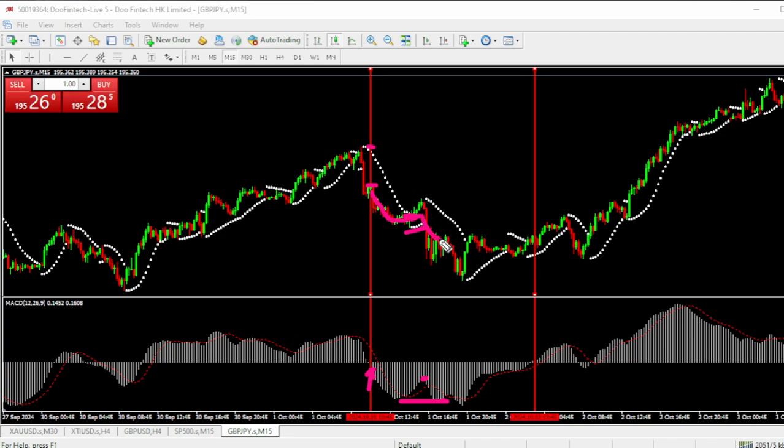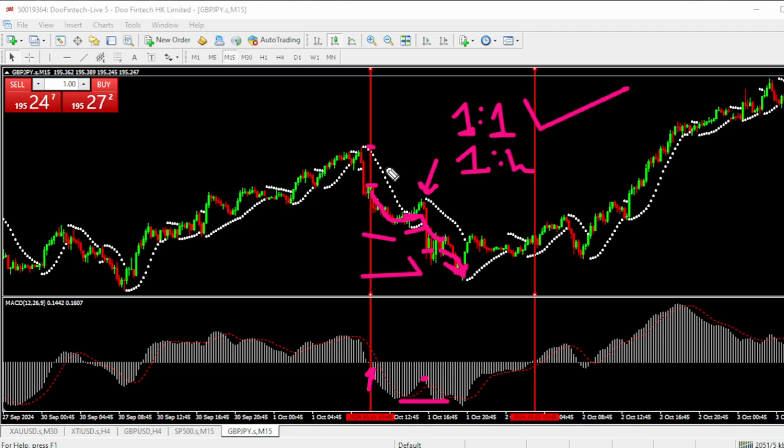And then the parabolic SAR also gives you again a sell position just at the close of this candle, and you start to wait, and maybe if you gain some kind of 1-to-1 risk to reward ratio, right, you can check a good position, or maybe 1-to-2 risk to reward ratio, right?